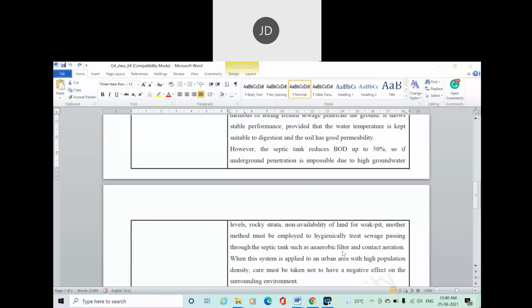Just like the aqua privy we have discussed in the previous class. In the aqua privy, if you remember, there are three chambers, right? In the first chamber, the waste undergoes anaerobic digestion. After that, the waste goes to the second chamber, called the aerobic digestion chamber, where there is a provision for passing air.